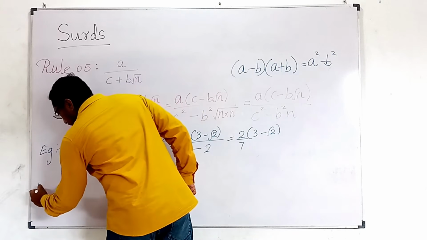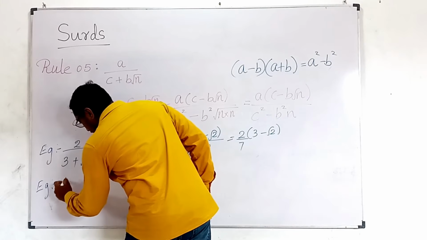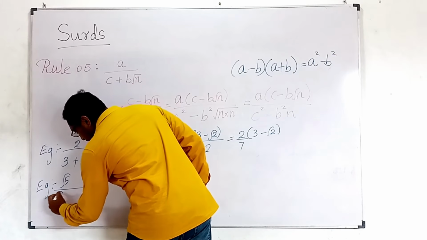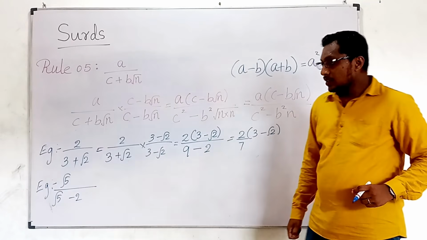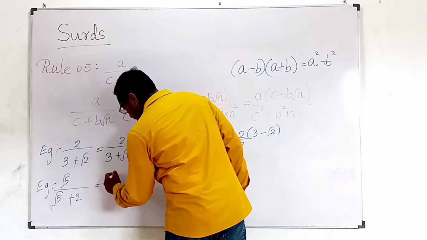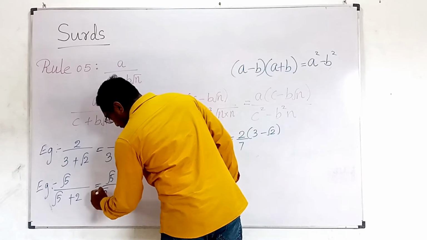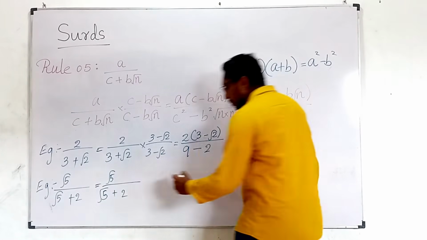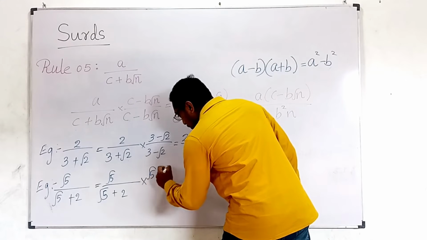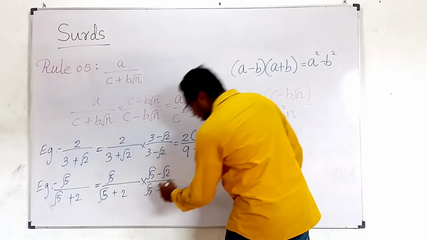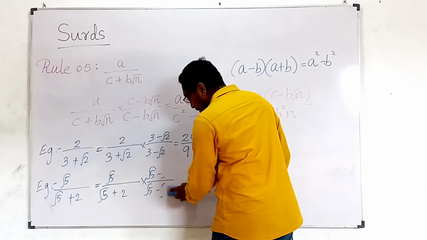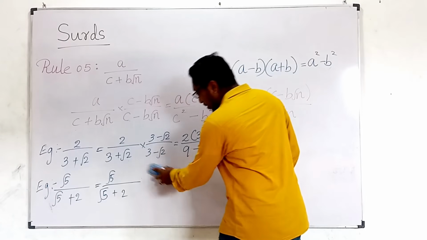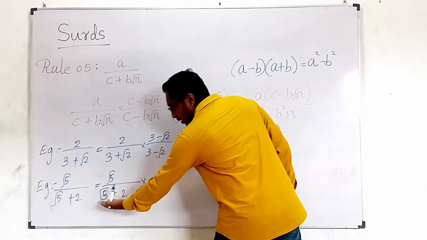Okay, let's take another example. 5 divided by square root 5 plus 2. Now we should multiply by square root 5 minus 2, since the denominator is square root 5 plus 2. Now see what will happen. Square root 5 times square root 5 minus 2.